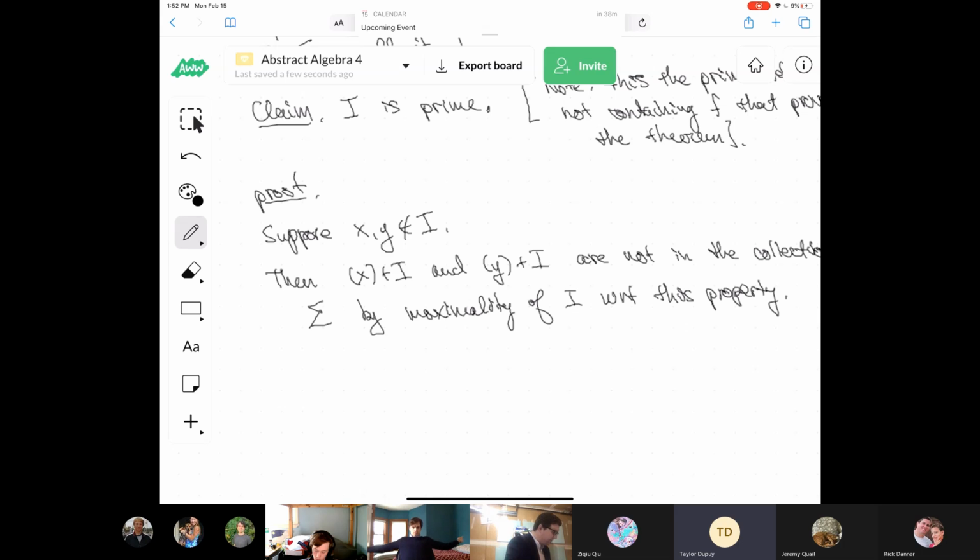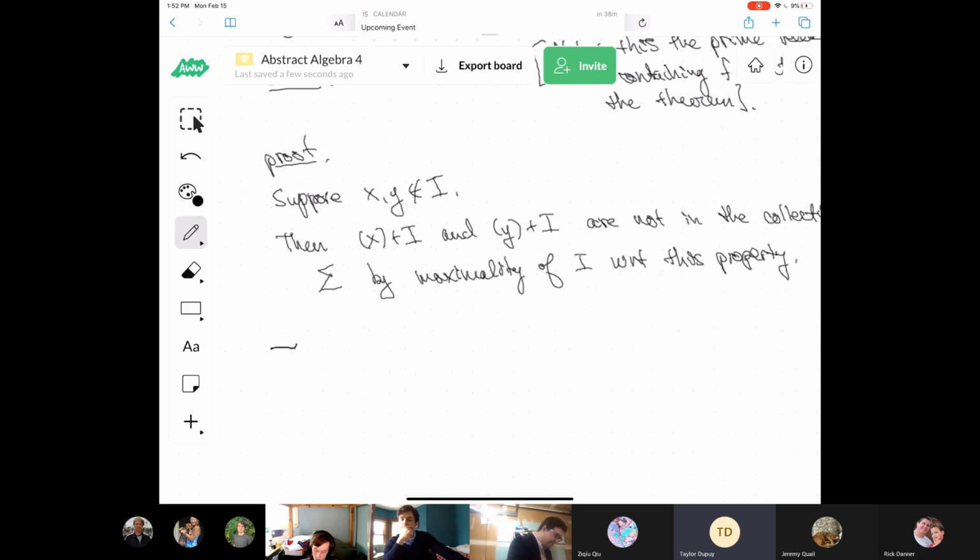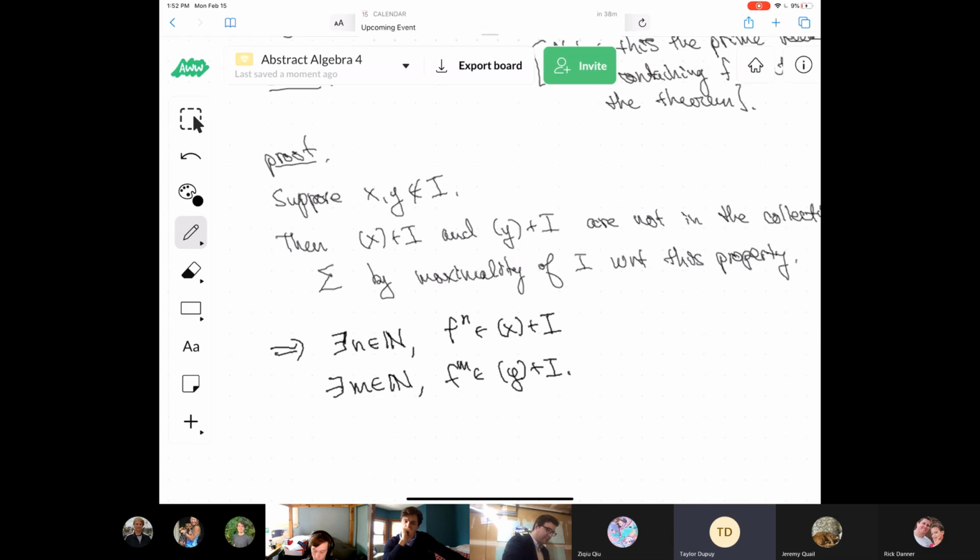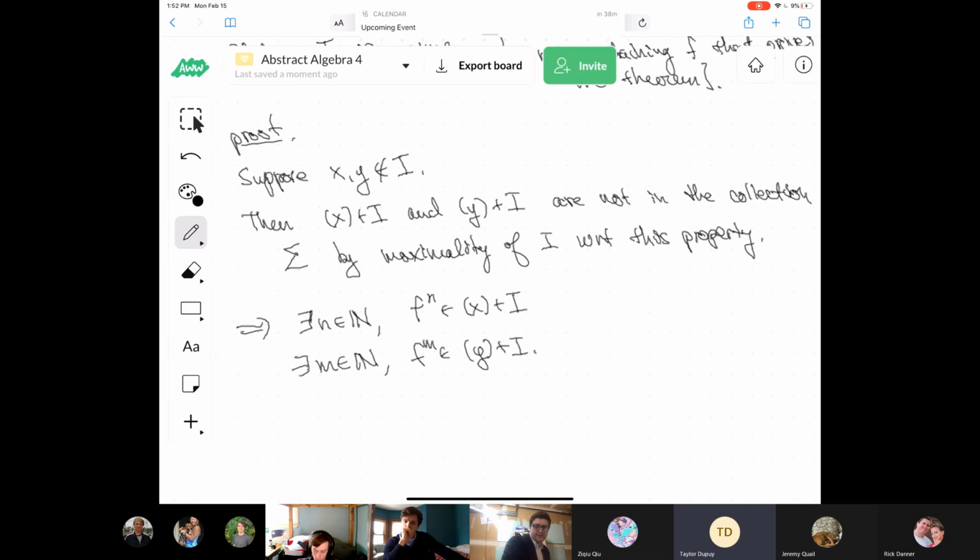So this implies that there exists an n, a natural number, such that f to the n is in x plus I, and there exists some m, a natural number, such that f to the m is in y plus I. This is what it means to not be an element of sigma: it's going to intersect that set S somewhere.